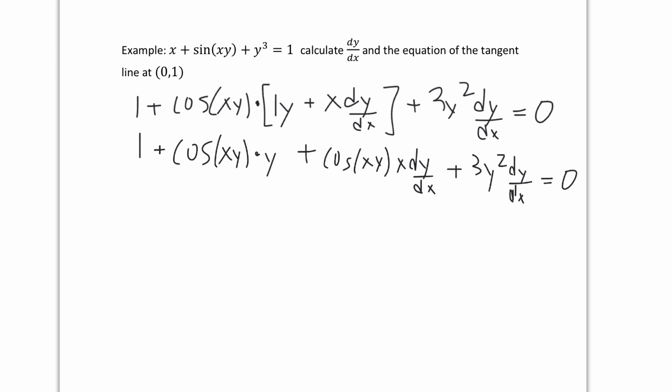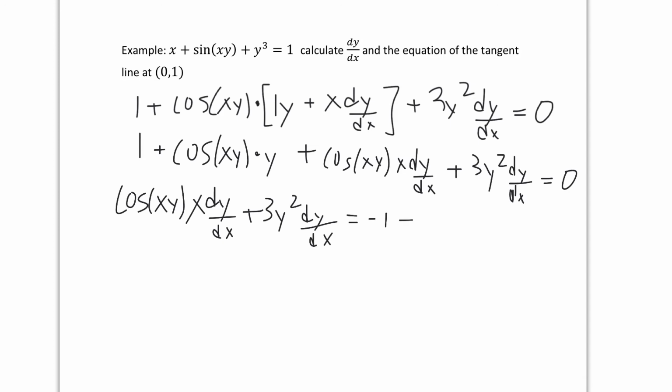So we'll keep the dy/dx terms on the left-hand side. That's cos xy times x dy/dx plus 3y squared dy/dx equals negative 1, subtract, I'm just going to put that y in front, y cos xy.